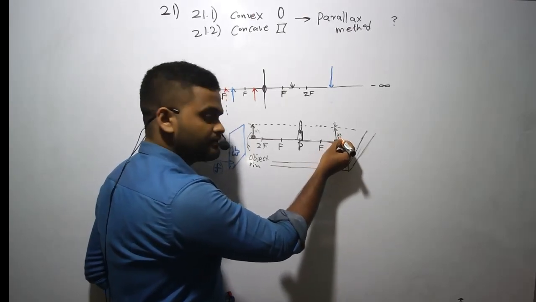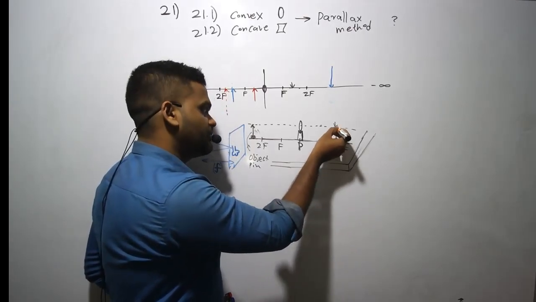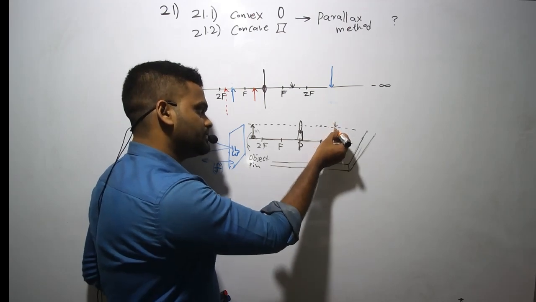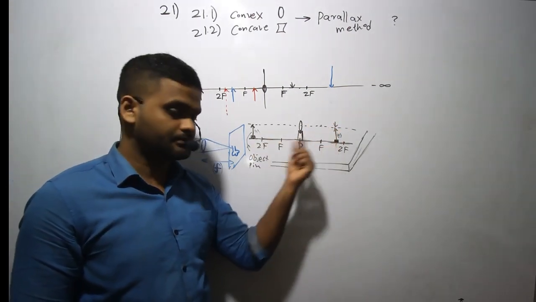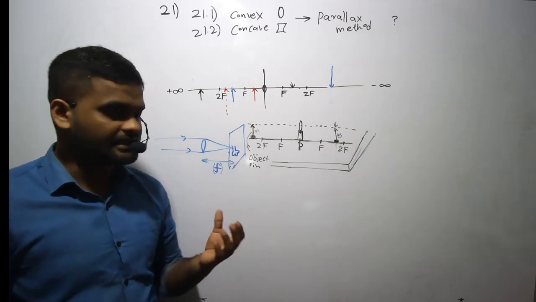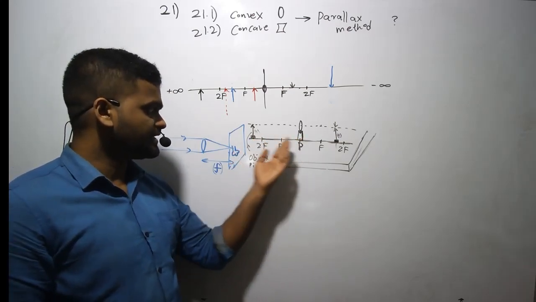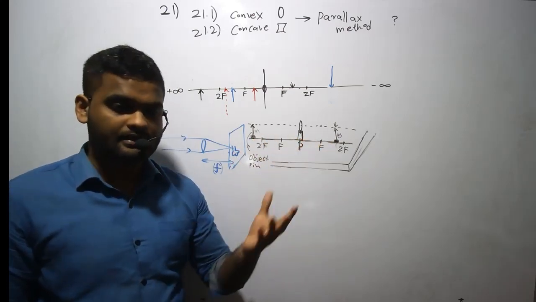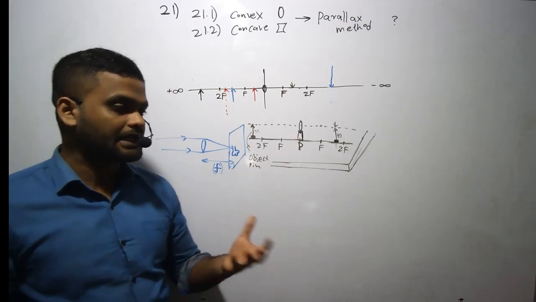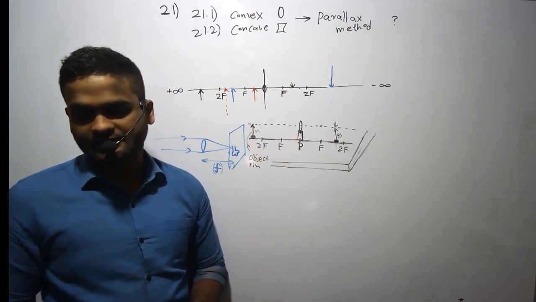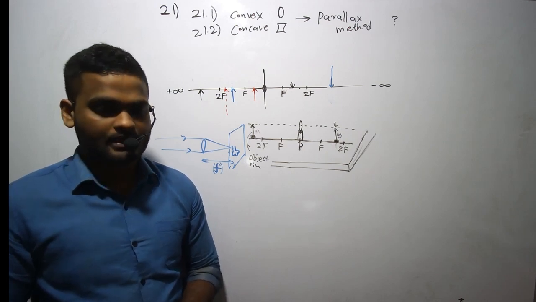This is the observing pin. So you can observe the image, and using the parallax method, you can find the position of it. Once you find that, you know the object distance and image distance, and like that, you can have coordinates to draw the graph. So that's what we are going to do basically, right?